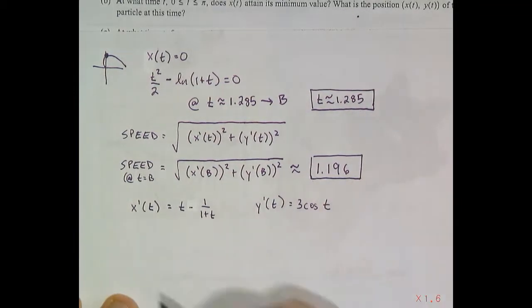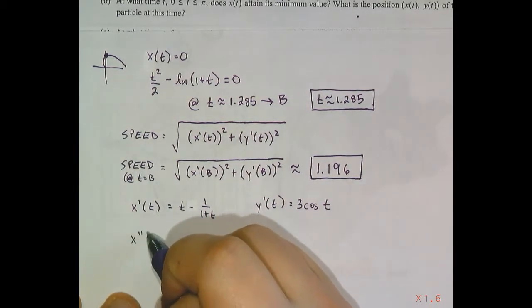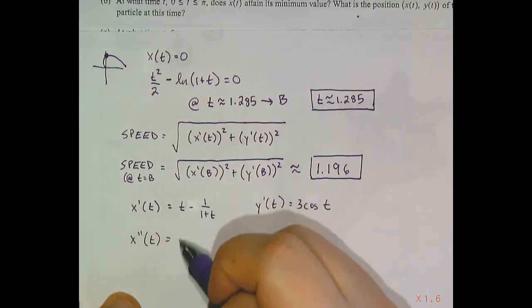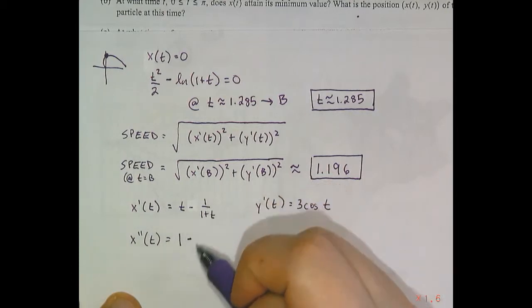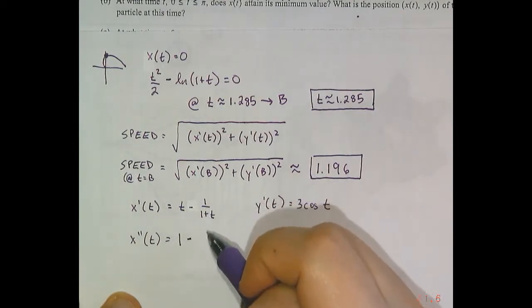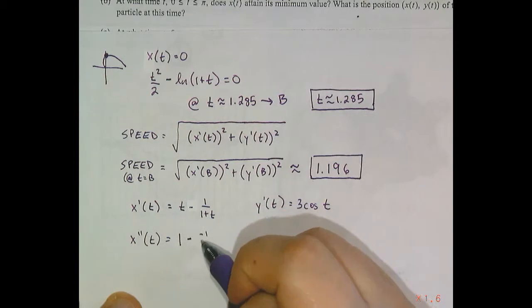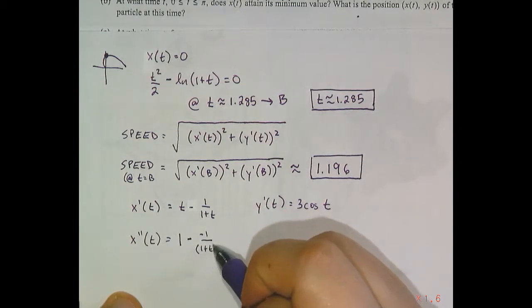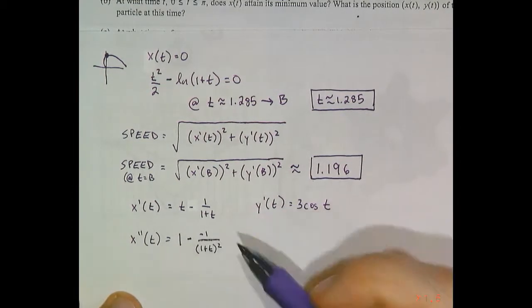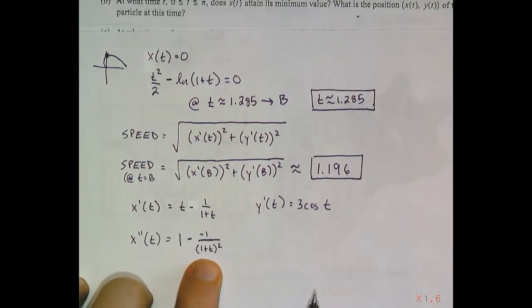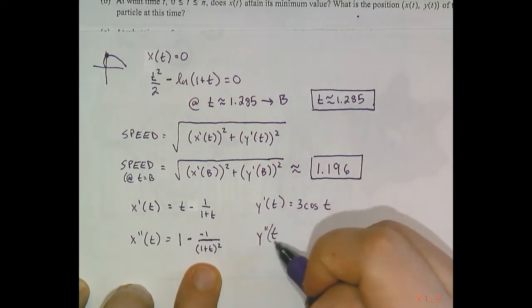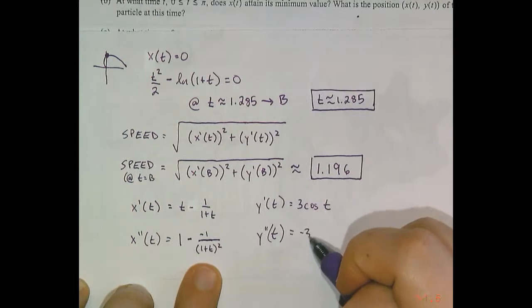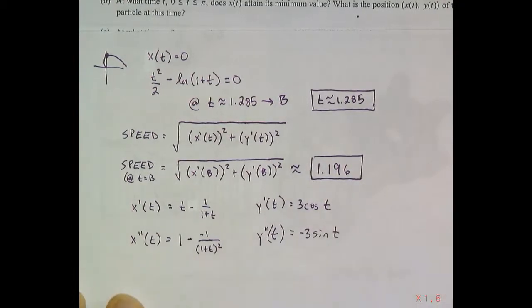And then to get our second derivative, x prime prime of t, derivative of t is 1, subtract the derivative of this would be negative 1 over 1 plus t squared, using either the chain rule with a power or using the quotient rule. We could get there. The second derivative of y with respect to t would be negative 3 sine t.